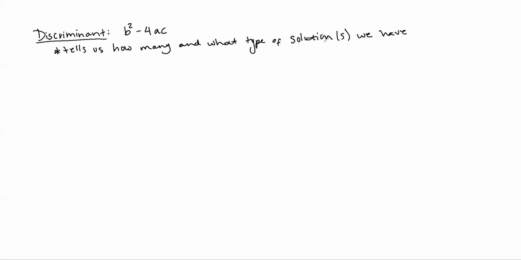So I put solution and then in parentheses solutions because you can have one solution. We didn't actually see a case like that, but we'll discuss that a little bit.